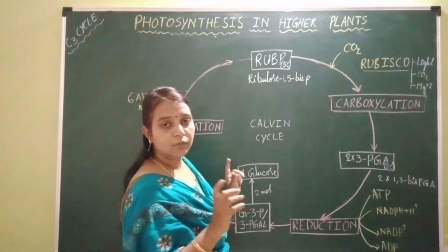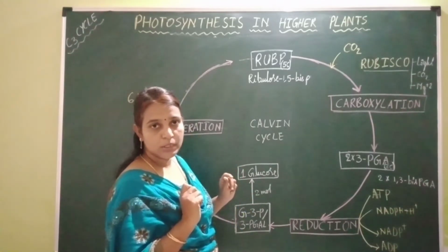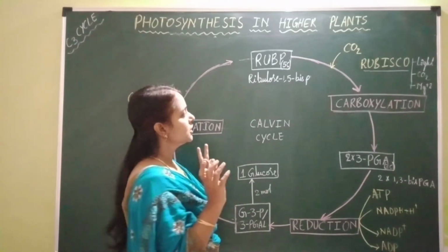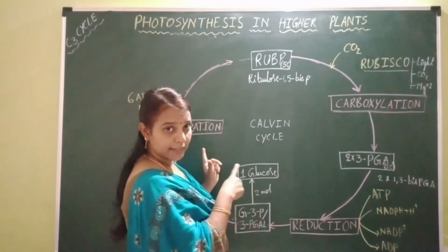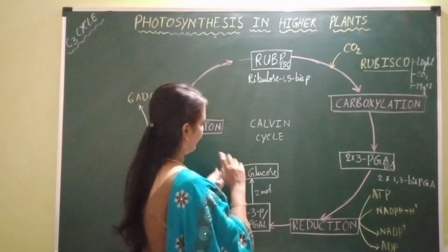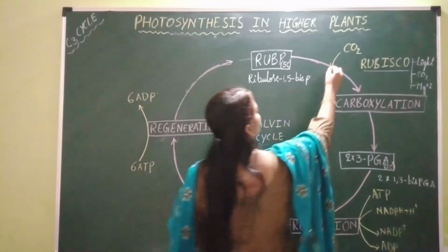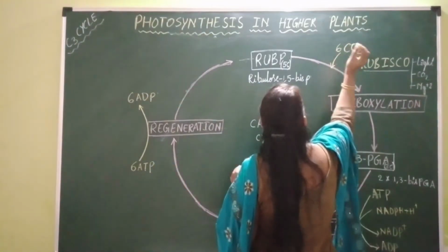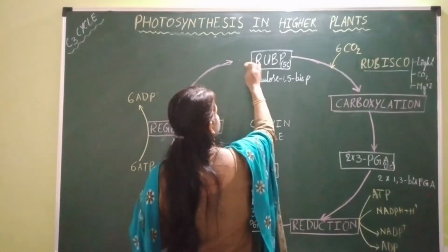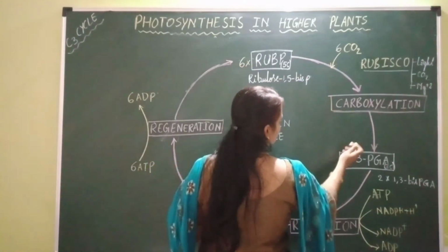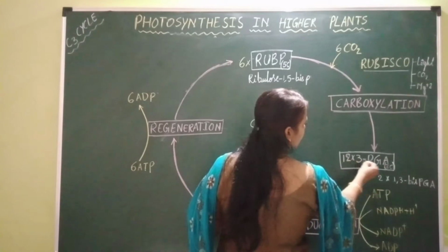Okay, actually for the formation of one molecule of glucose, how many carbon dioxides are utilized? 6 carbon dioxides are utilized. So let's study this cyclic pathway, that is the Calvin cycle, by taking 6 carbon dioxides. 6 molecules of carbon dioxide are fixed into 6 molecules of RuBP, resulting in the formation of 12 molecules of 3-PGA.